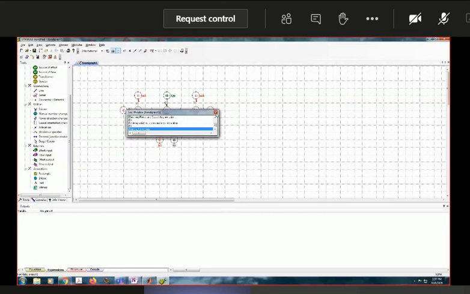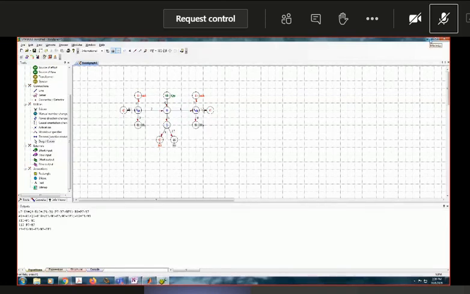In the options menu, you can remove power directions and remove numbering. If you do not want these grids, you can switch off the grids with toggle grid.